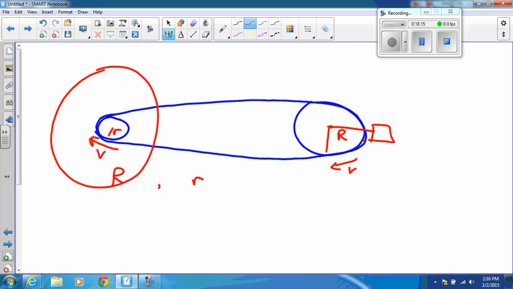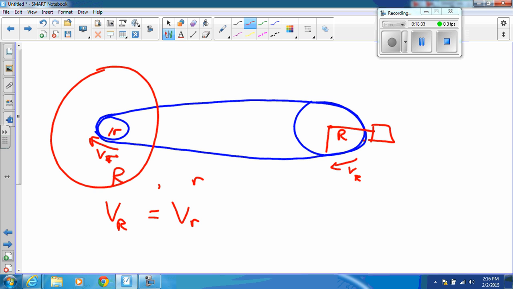So whatever I pull here has to get fed through over here. Everybody see that? So the velocity is the same. Let's call this V1 and V2, but V1 equals V2. How about V big R, V little r? That's better.